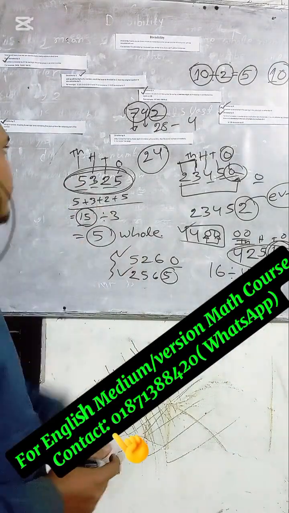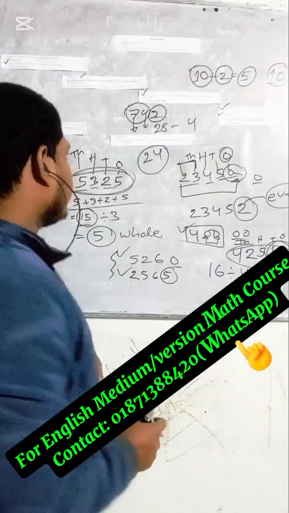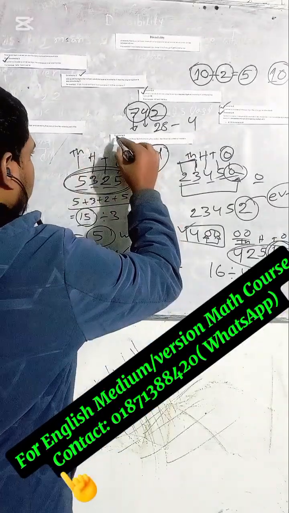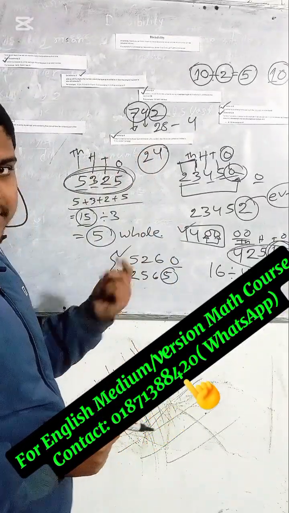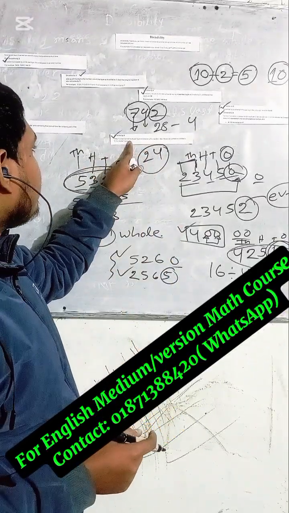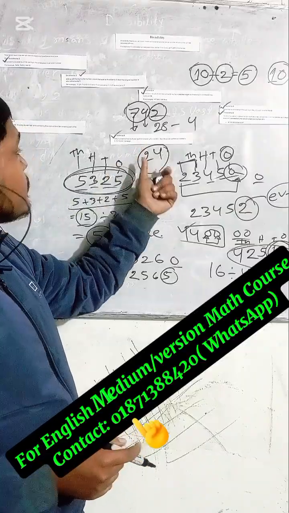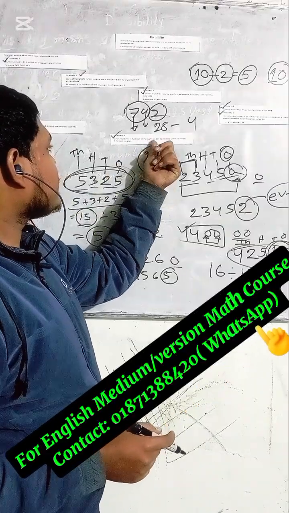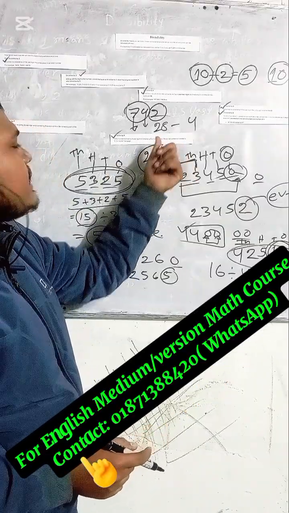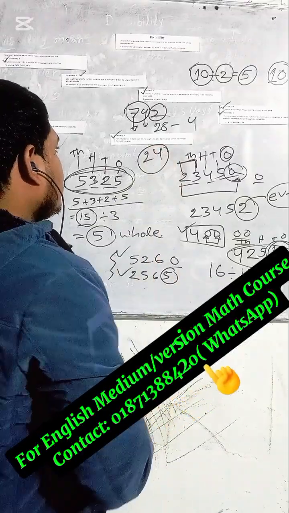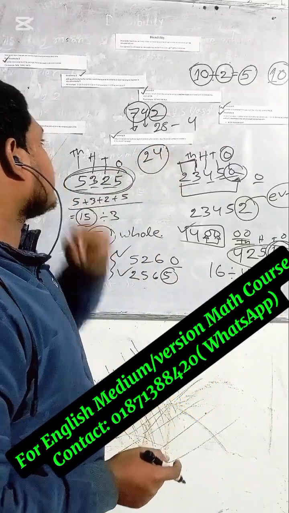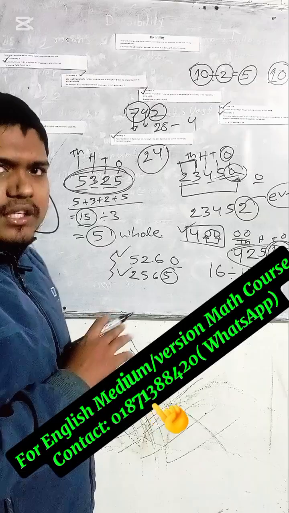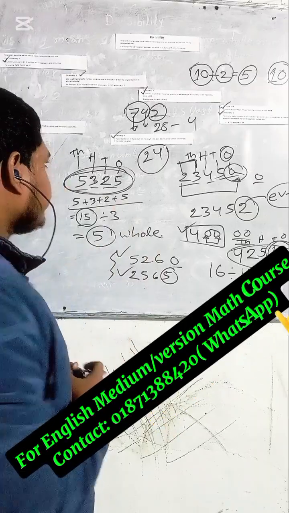Okay, the last one in today's video, divisible by 8. If the number formed by the last three digits is divisible by 8 or is triple zero, then the entire number is divisible by 8, no matter how large.